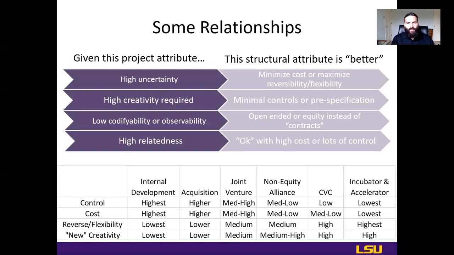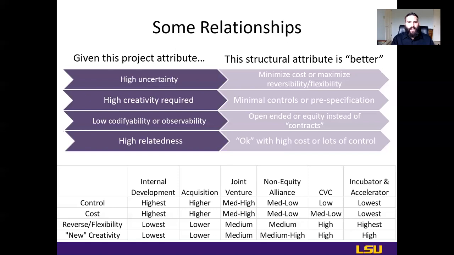And then finally, when we think about operational relatedness, the intuition's right there. If I am already really good at doing something or have a lot of experience doing something, I should probably control a lot of it. And I'm also probably comfortable with spending a lot of money on it. I don't mind putting a lot of money into a certain project that I am intimately aware of, that industry or that technology or that opportunity, because I can calculate a return on investment and I feel comfortable with my ability to do such.